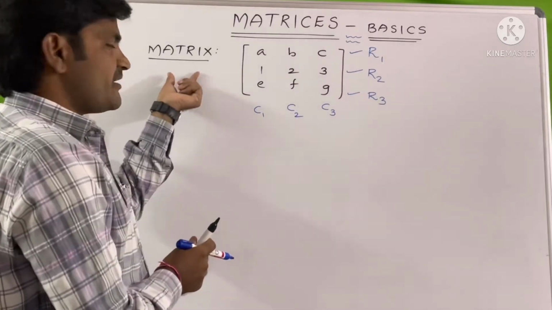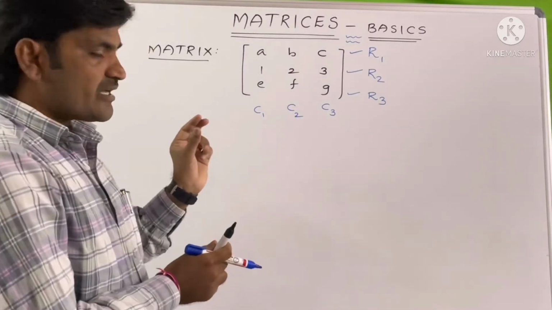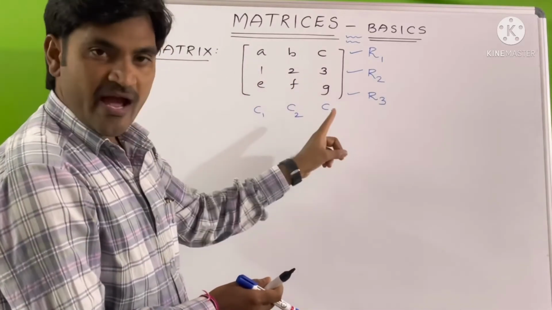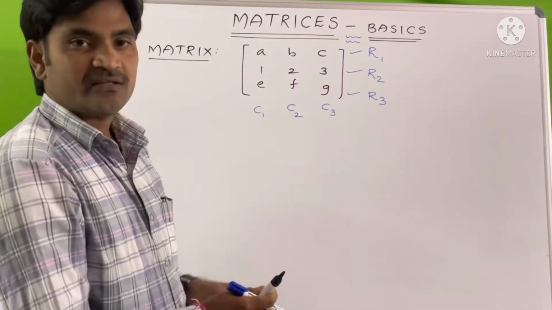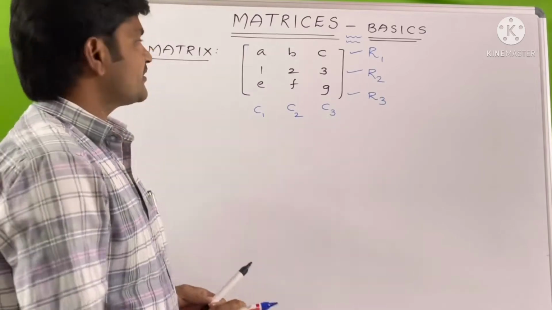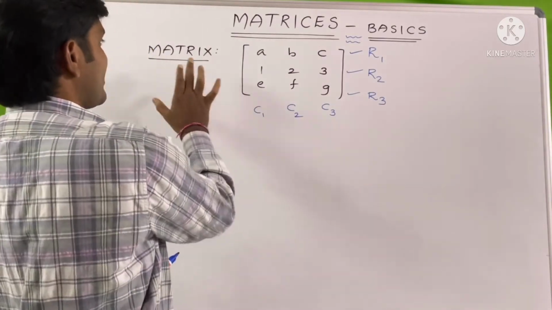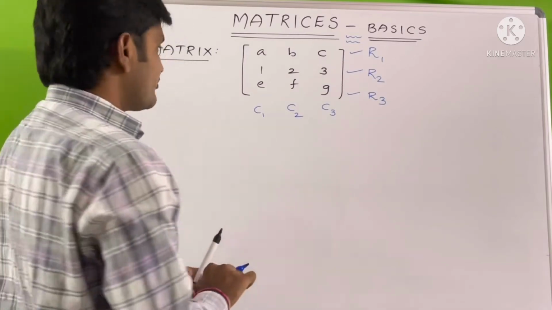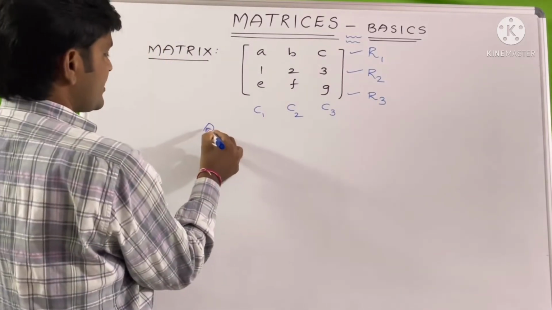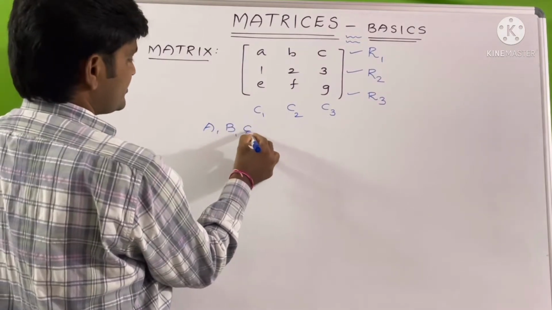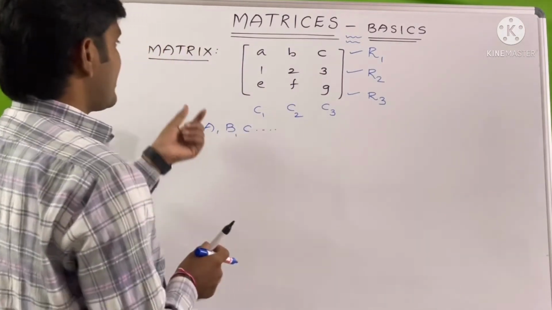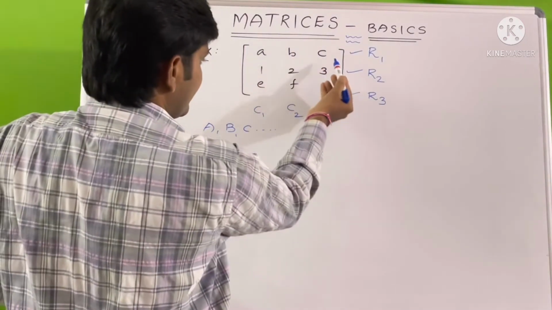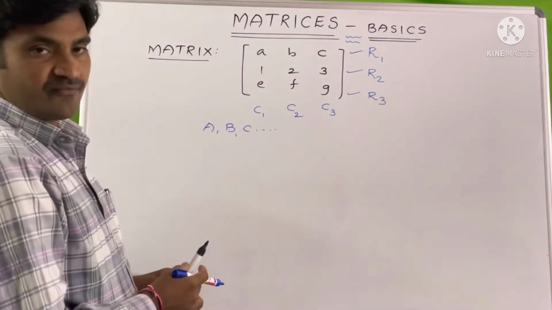Right? A definition, repeat again. We can arrange some elements in rows and columns. Then we get a form. That form is called a matrix. Generally, matrices are denoted by capital A, B, C, and so on, and elements are denoted by small alphabets.